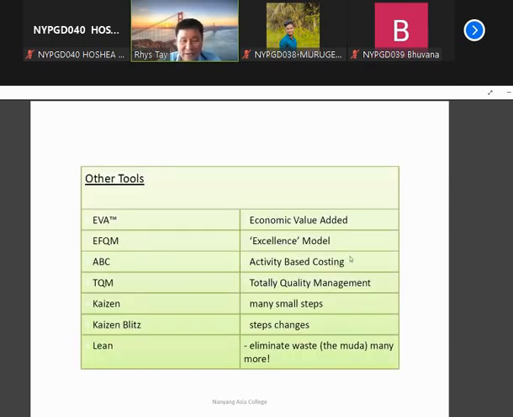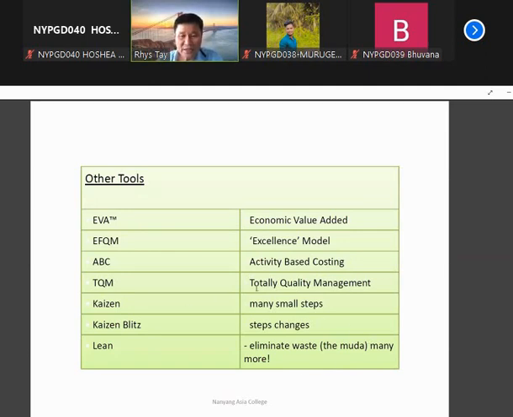Other tools available in the market: economic value added, excellence model, activity-based costing, TQM, and Kaizen. There's a continuous improvement system, Kaizen Blitz, step changes, and also lean. That means you cut waste, right?